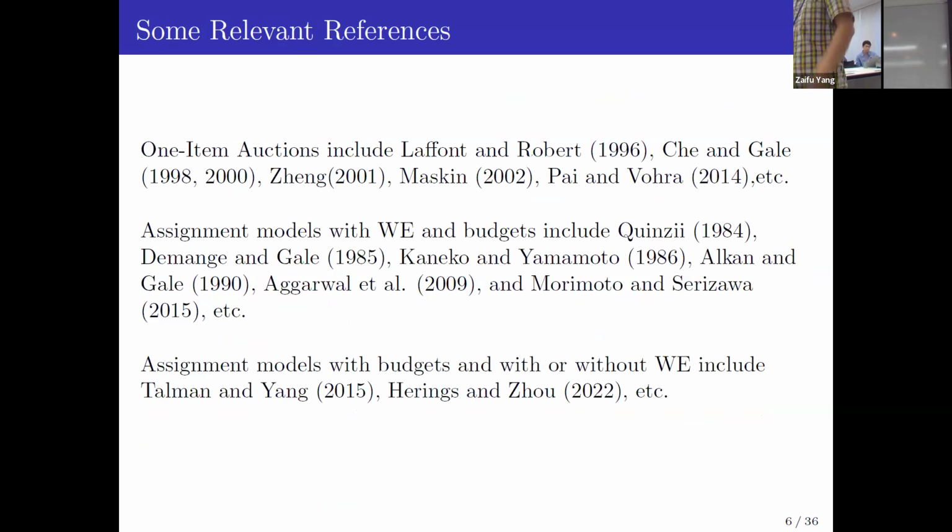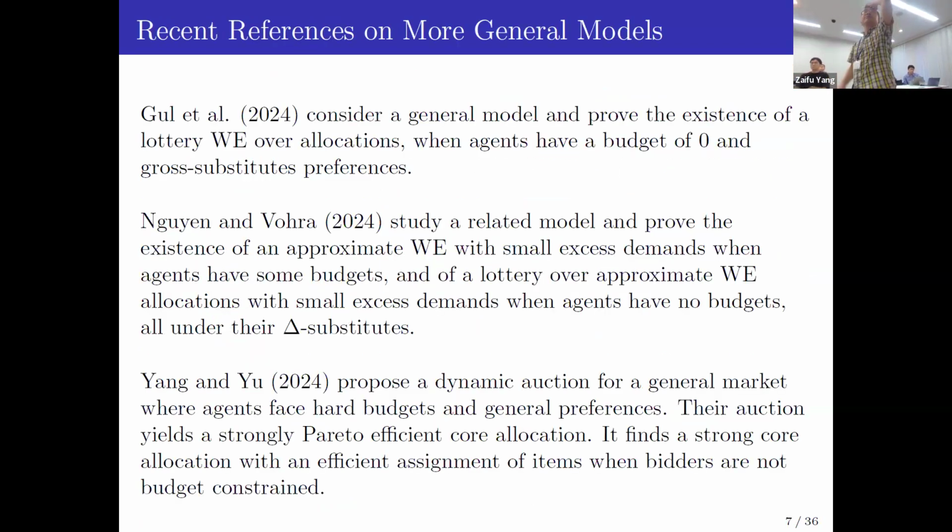Okay, we have a number of references. So maybe I should mention three recent papers. One is by Gu and two other authors. They have a paper in the Journal of Political Economy.